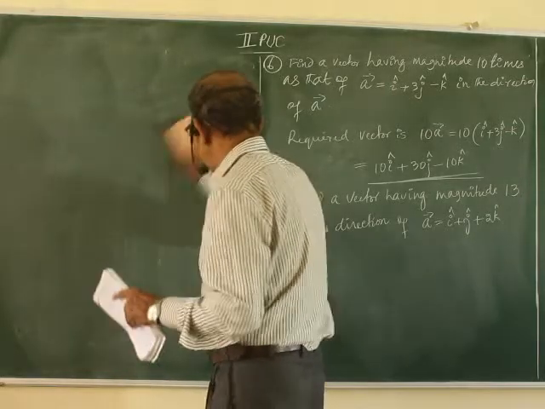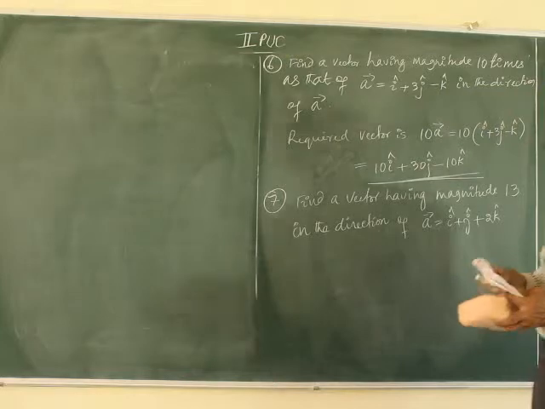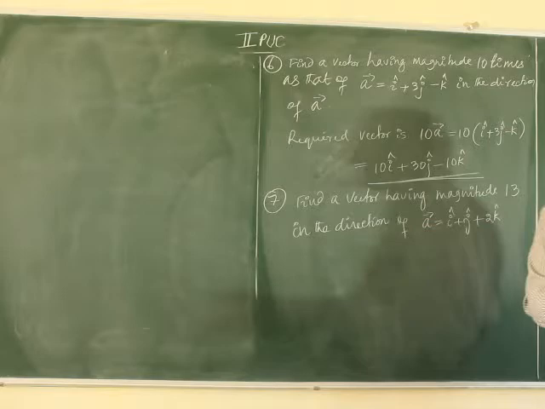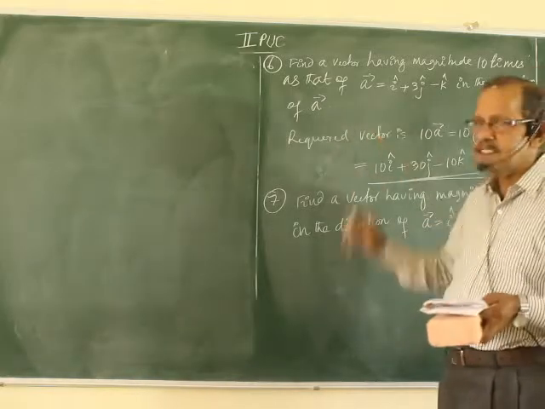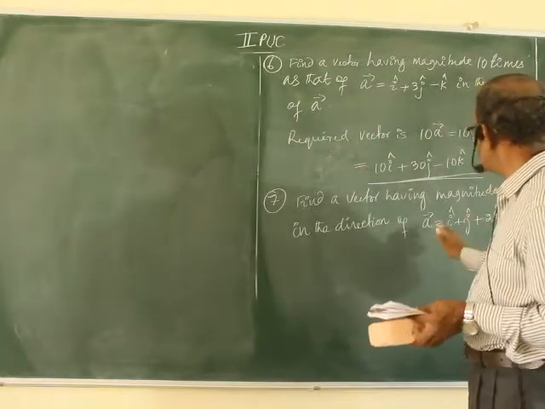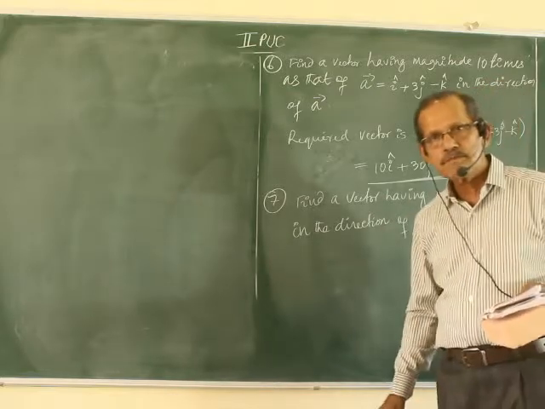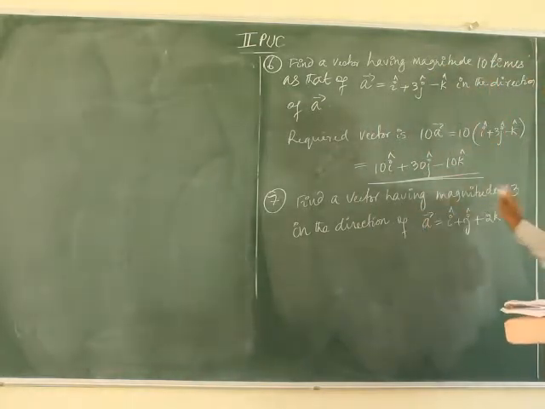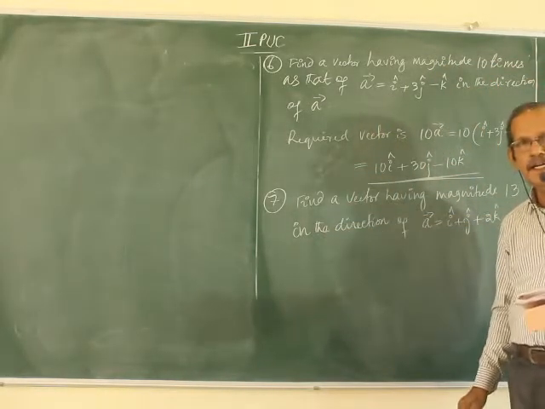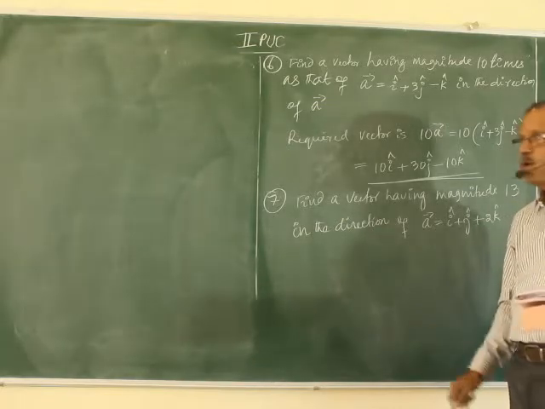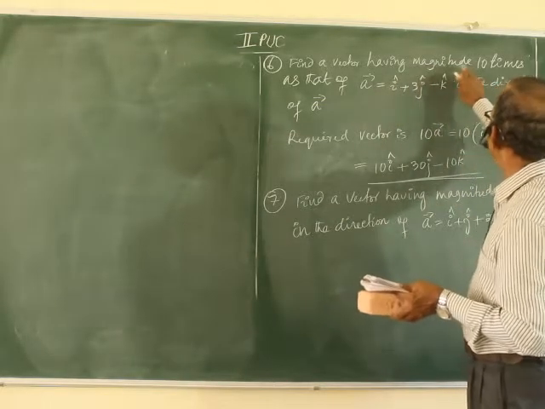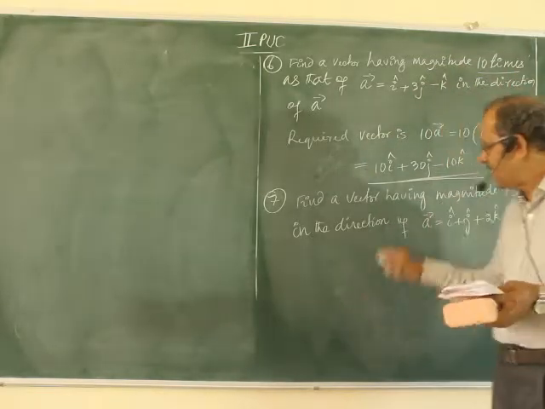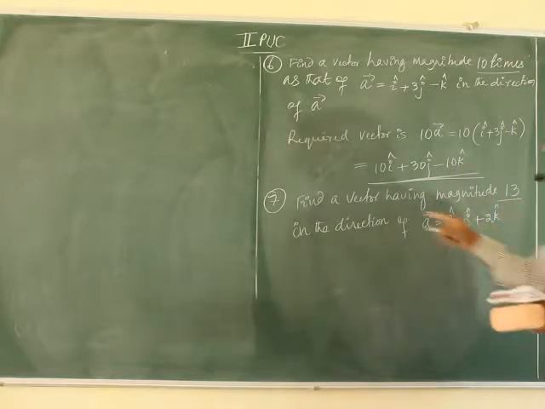See the problem again. Seventh one. Find a vector having magnitude 13 in the direction of this. Same question. What is there? Instead of 10, we have 13 here. Instead of 10 in the previous problem, here it is 13. Why you repeated this question again? Just go back again. Here magnitude 10 times as that of A. But here magnitude 13, not times.